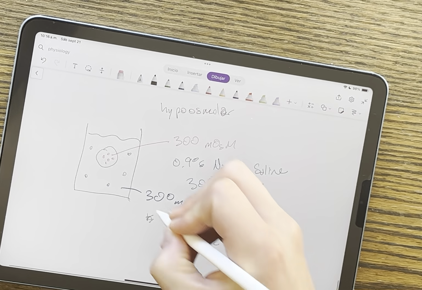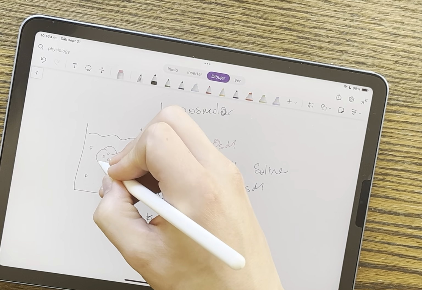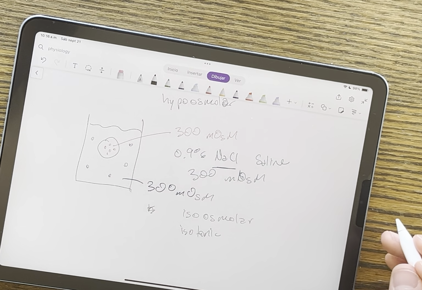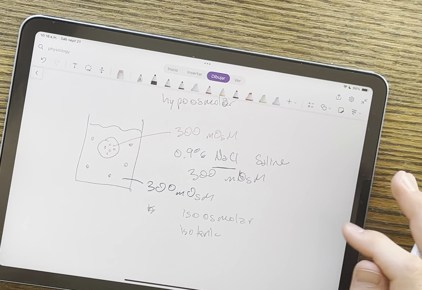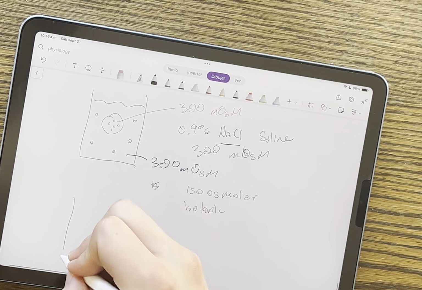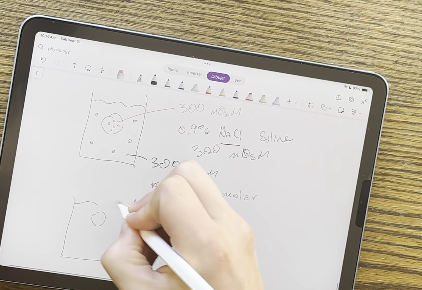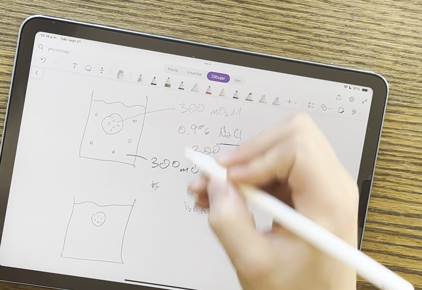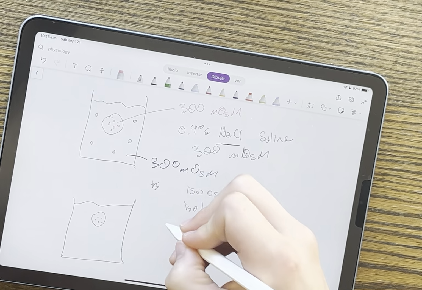The reason for that is because the cell shape doesn't change, right? The solution doesn't change. It's going to have the same amount of water in it. So we'll use another example. Let's say instead of salt this time, we add 5% dextrose.